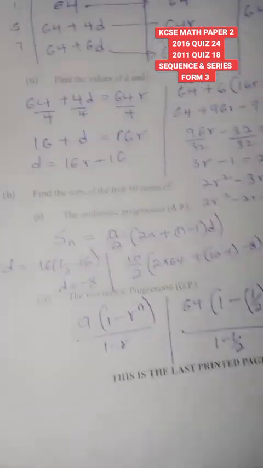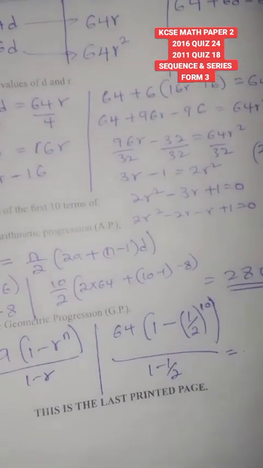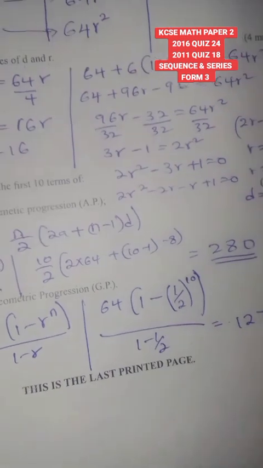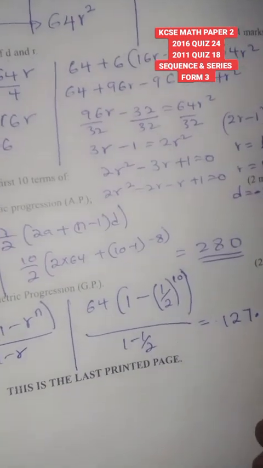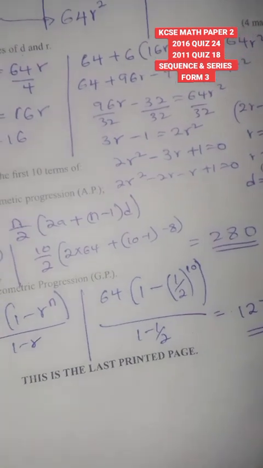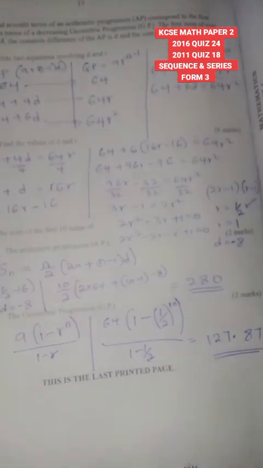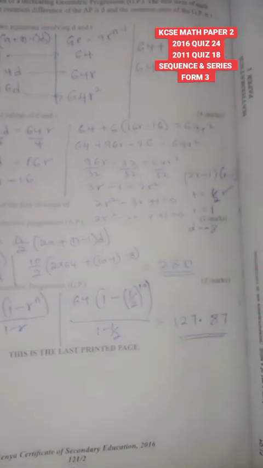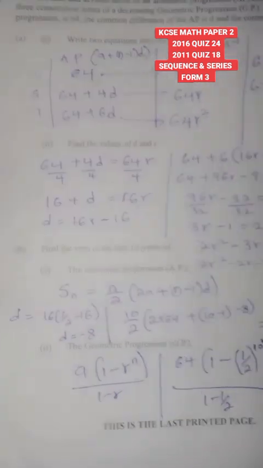If you press this on a calculator, we are going to get 127.87. So that is how the question is attempted under GP and AP, that is sequence and series in Form 3.